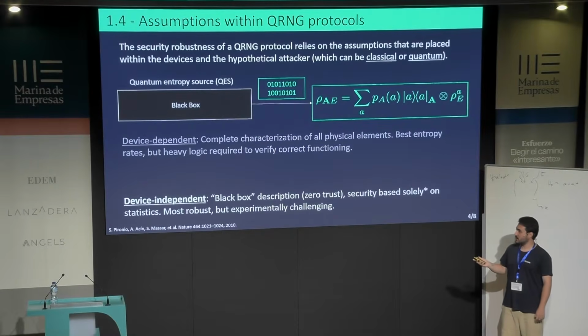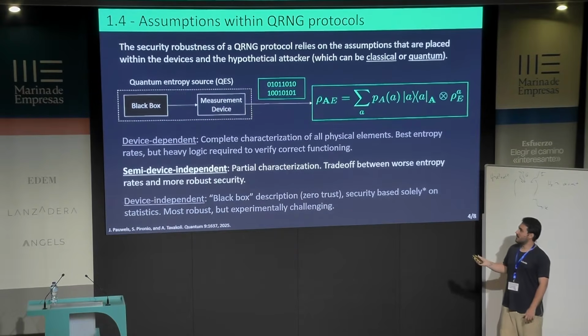On the other side of the spectrum, there's the device-independent scenario, in which we place zero trust on the whole device. We treat it as a black box, and the security and the set of classical quantum states are assessed based only on the statistics that we can observe in an experiment. This is the most robust in terms of security, because the adversary is the most powerful, but it's the hardest to implement in practice.